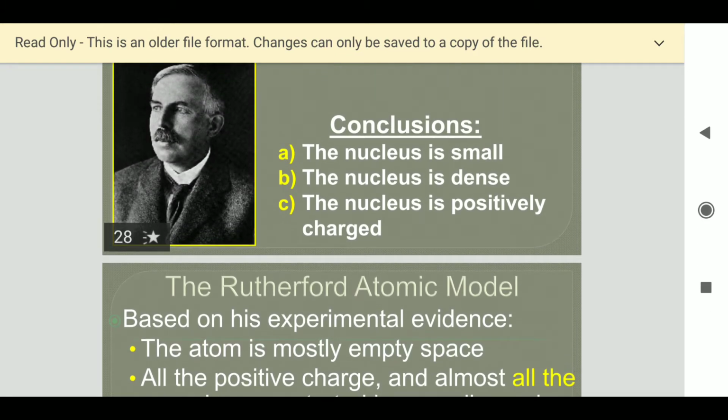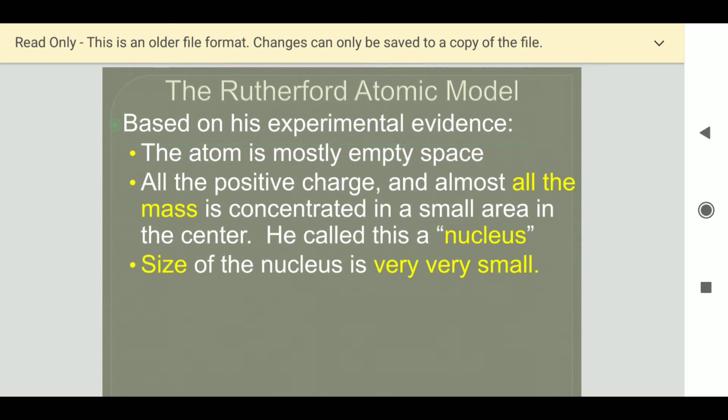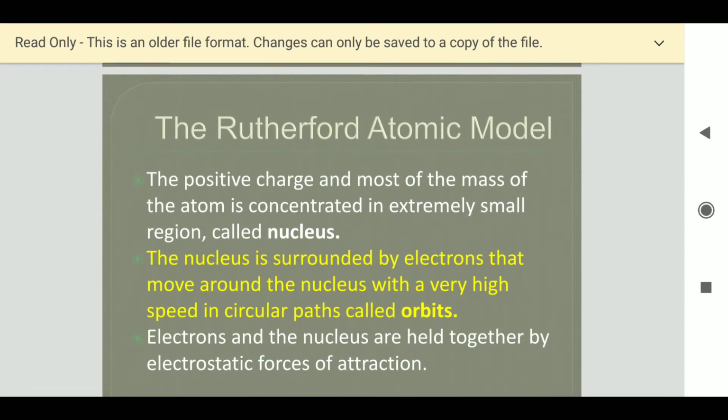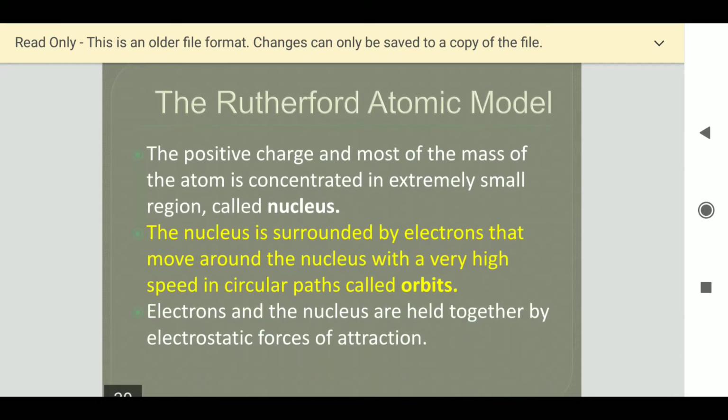So these are the postulates and conclusions given by the Rutherford atomic model. The other points were that the positive charge and most of the mass of the atom is concentrated in an extremely small area called the nucleus, and the nucleus is surrounded by electrons. For overall neutrality, he said the electrons move around the nucleus at a very high speed in circular paths called orbits.